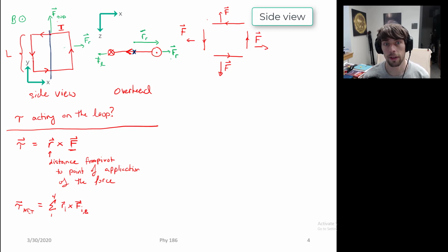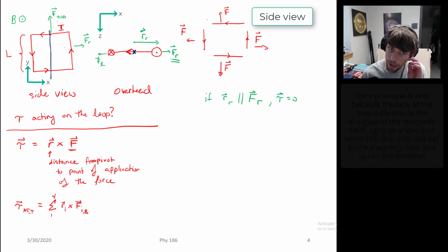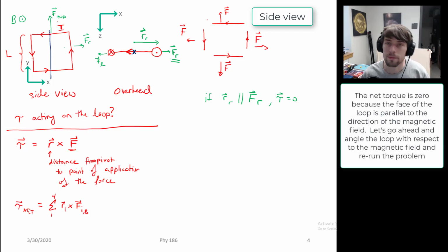The direction of that is parallel to the direction of the force. So if this is parallel to this, the torque equals 0. How about the left-hand side? Also 0. How about the bottom? Also 0. They're all 0.